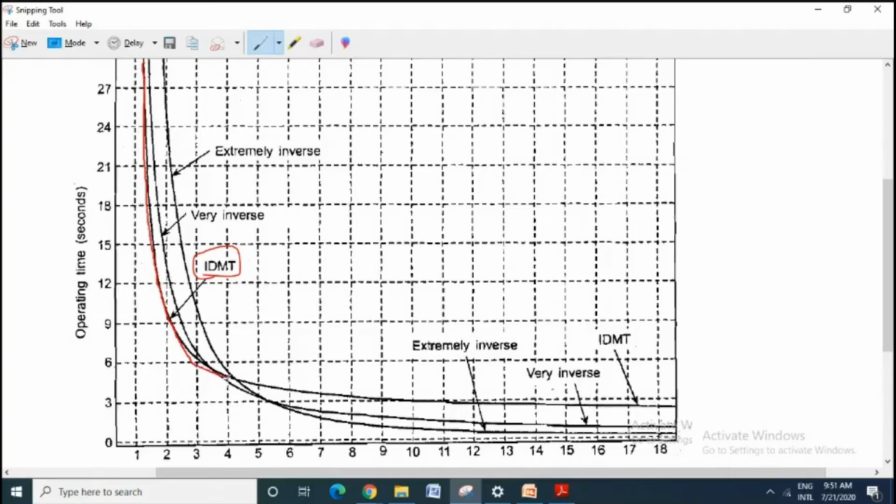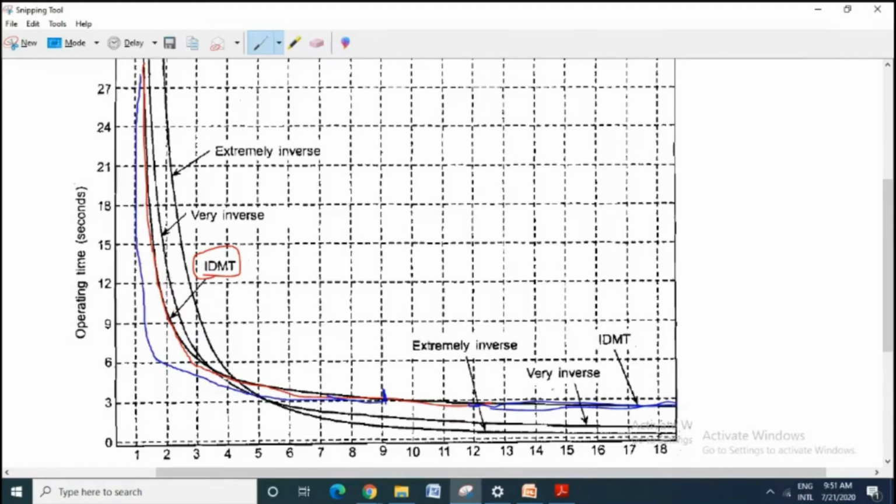Once this inverseness gets over, it settles down. See, from this point onwards, it is nothing but a definite time. There is no change in the operation time, or let's say there is a minimal change in the operation time.